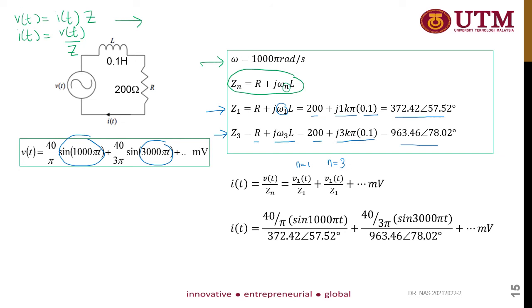So IT for V1, this is your V1, divided by your Z1. This is your Z1, and then V3, this is your V3, divided by Z3. Then simplify the equation for your final answer. So this one is equal to the final equation.